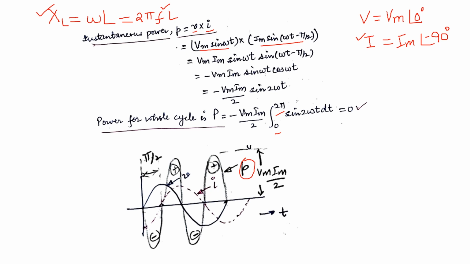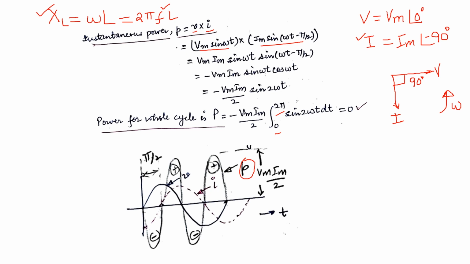If we wish to represent the vectors V and I, then we can make them like this. This is our voltage V and this is our current I. The current is lagging behind the voltage by 90 degrees, and the anticlockwise rotation of these phasors is considered positive, which are rotating at omega radians per second.